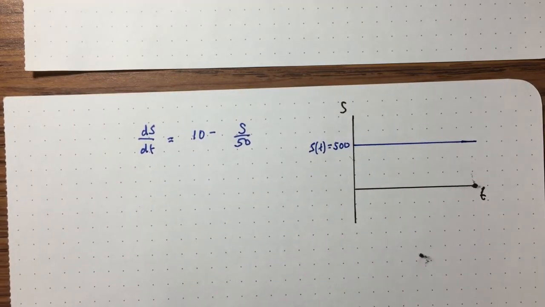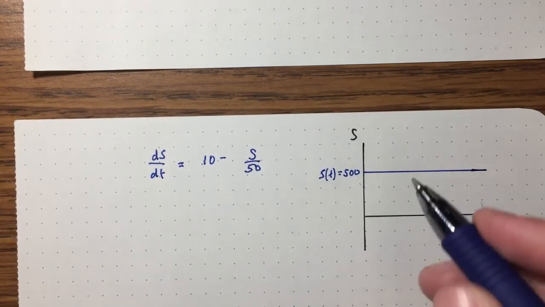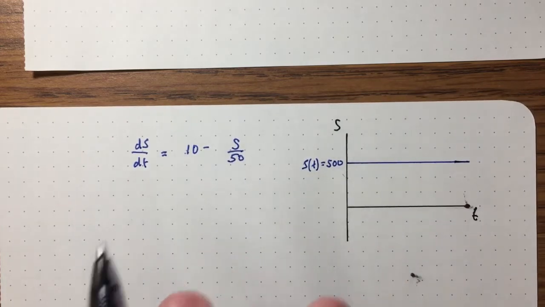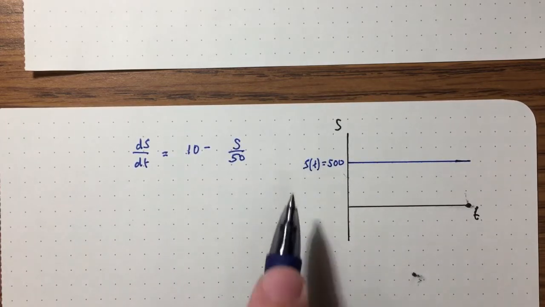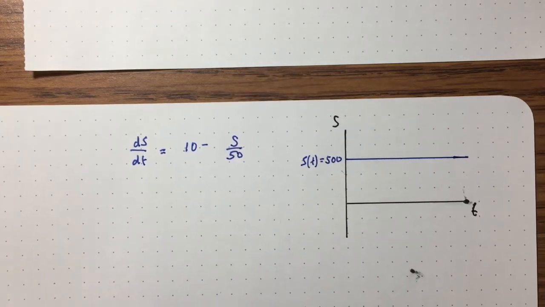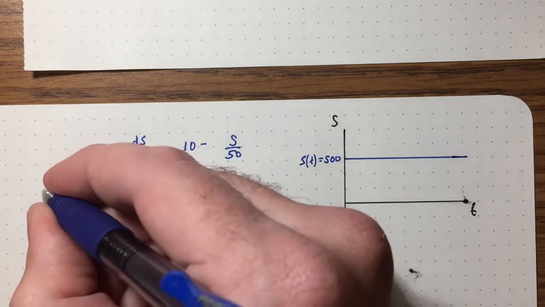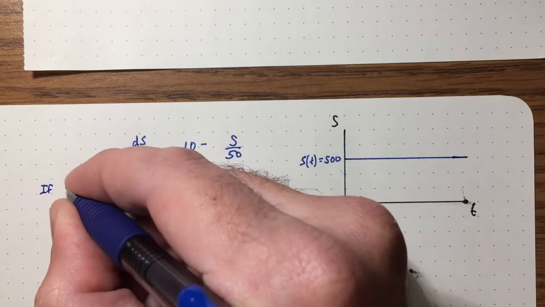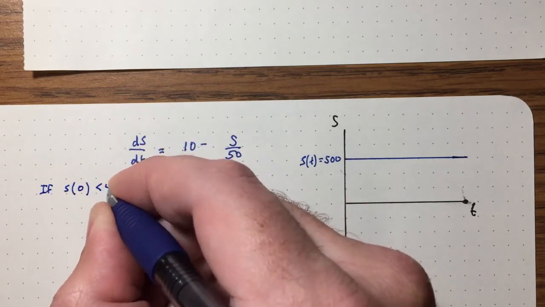Now, that equilibrium solution essentially partitions this plot into 2 regions. We can either have S less than 500, or we can have S greater than 500. So let's say S of 0 starts out less than 500.